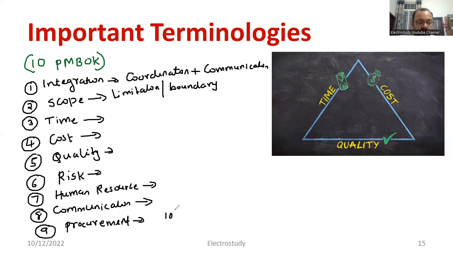At last, the tenth one: stakeholder management. What do you mean by stakeholder management? Suppose there is an investor; we can call the investor a stakeholder, and the customer a stakeholder.